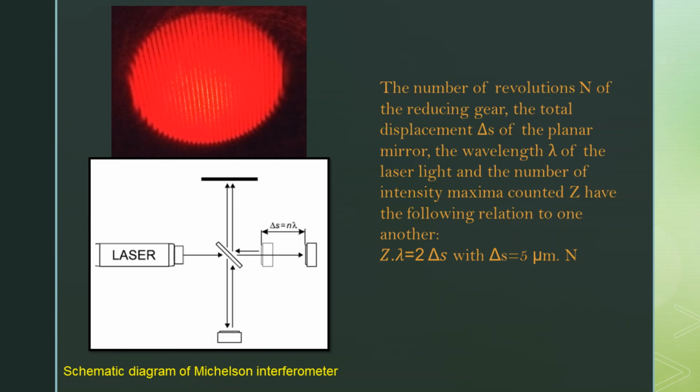So capital Z multiplied by lambda equals 2 delta S. From this equation, if we count capital Z and we know delta S, we can easily measure the value of the wavelength of the incident laser beam.